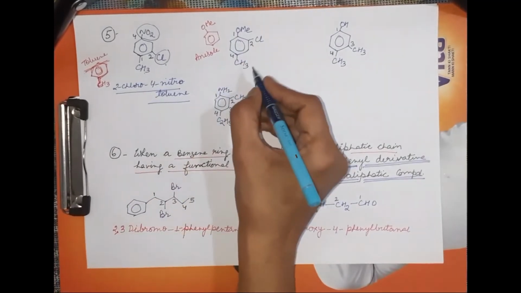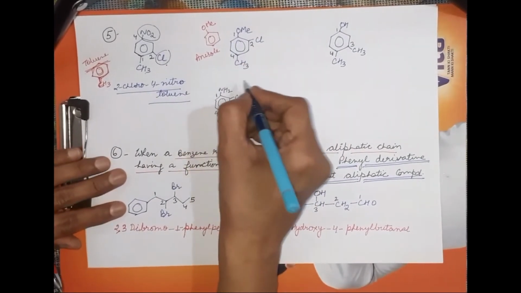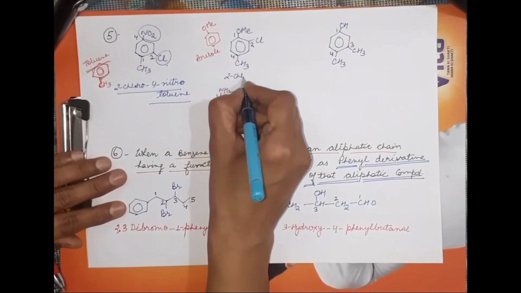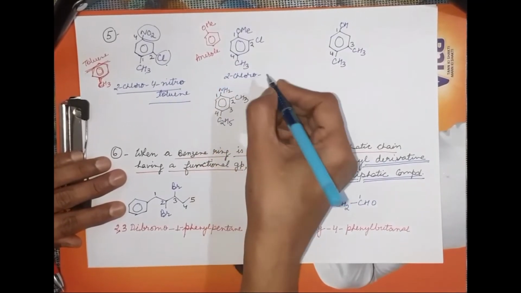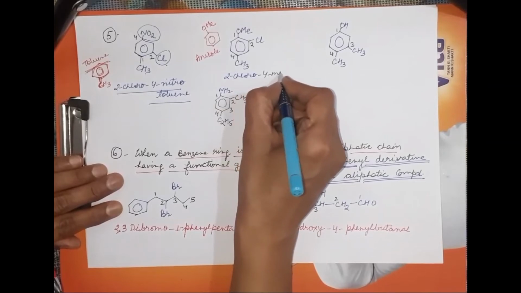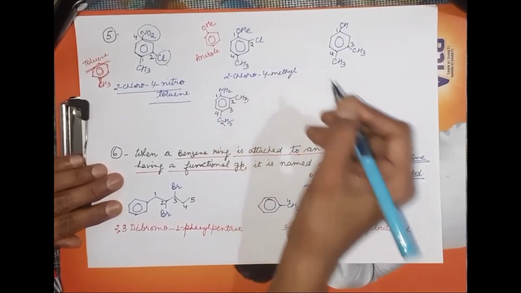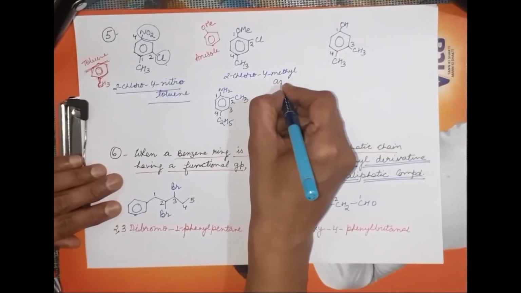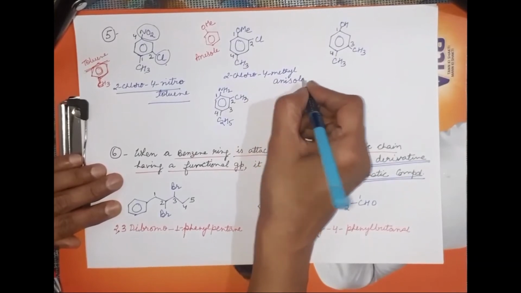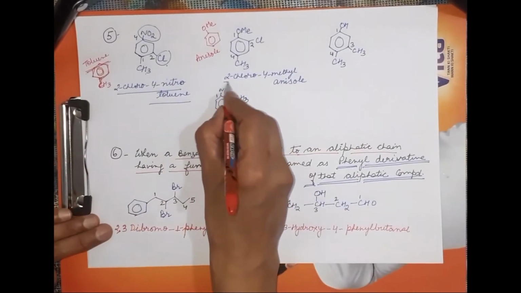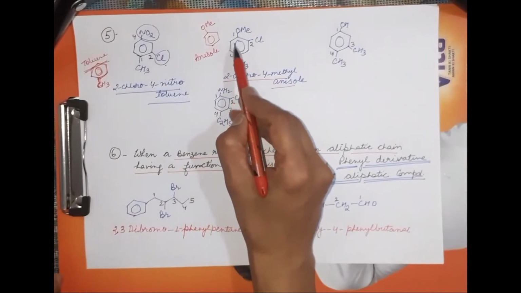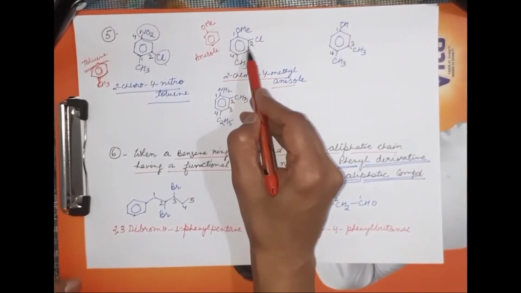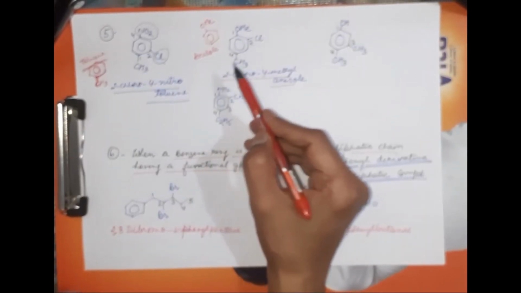So the name will be 2-chloro, 4-methyl anisole. We start numbering from here: 1, 2, 3, 4. 2-chloro, 4-methyl anisole.